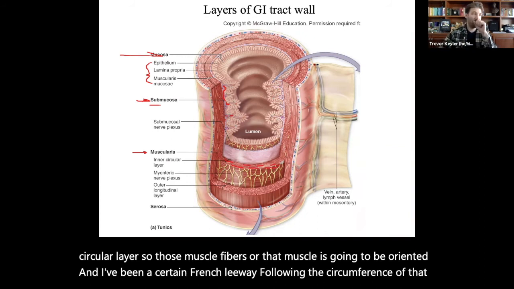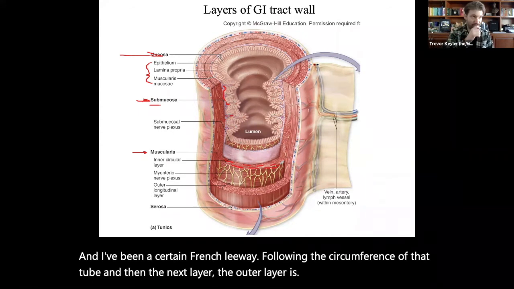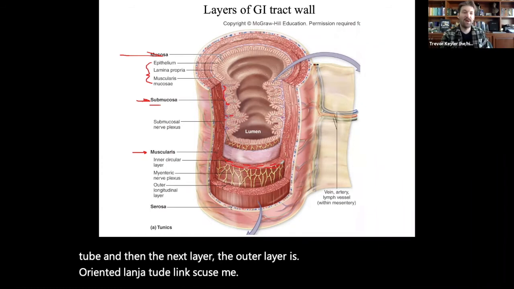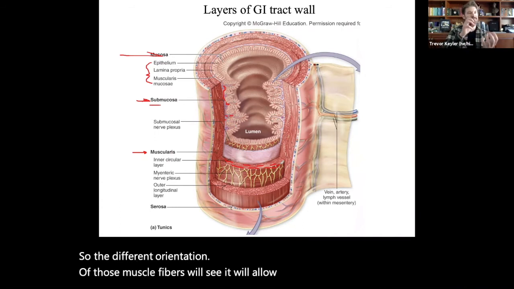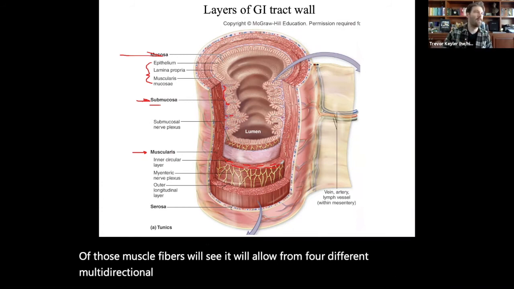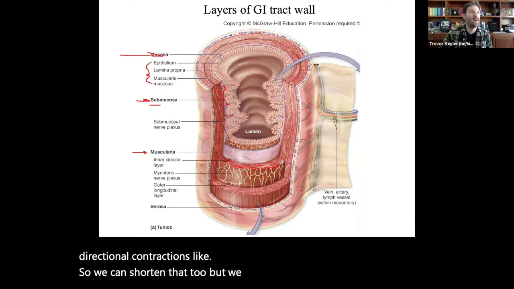And then the next layer, the outer layer, is oriented longitudinally. Okay. So the different orientation of those muscle fibers will allow for different multi-directional contractions. So we can shorten that tube, and then we can also contract and shrink the radius of that tube as well, or the diameter.